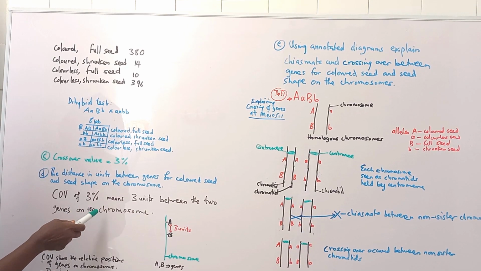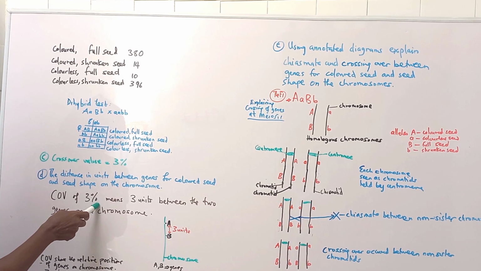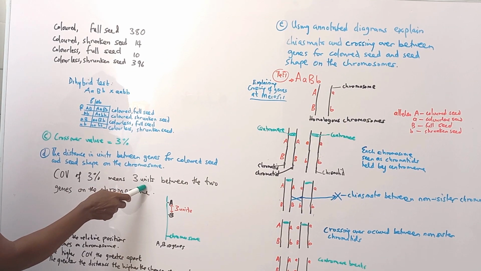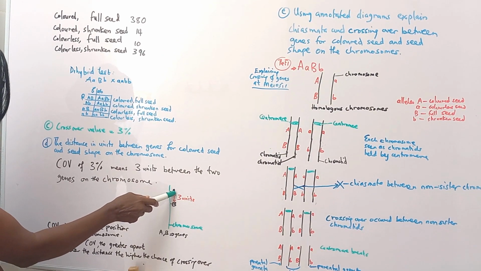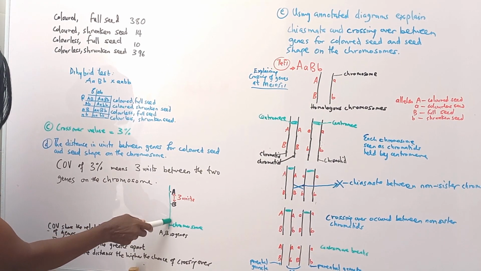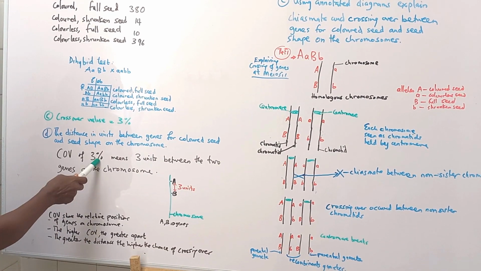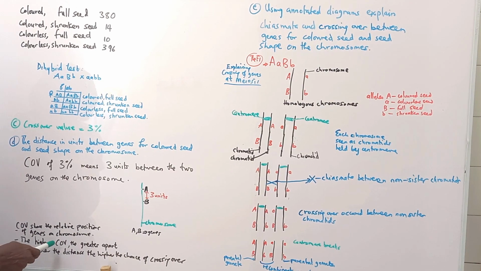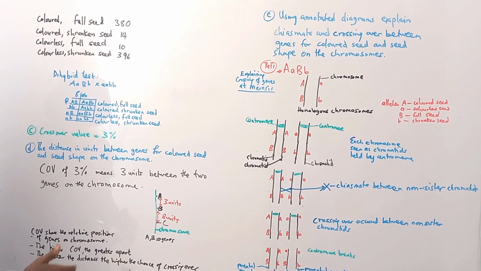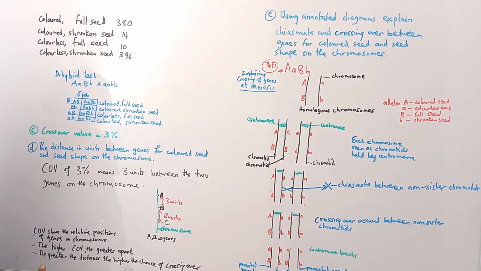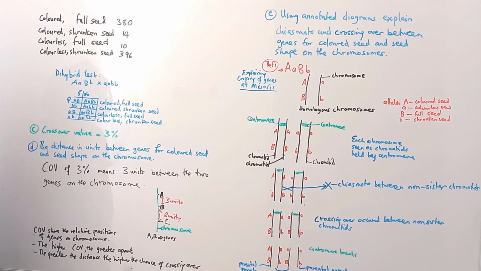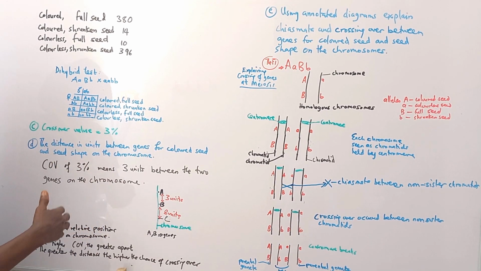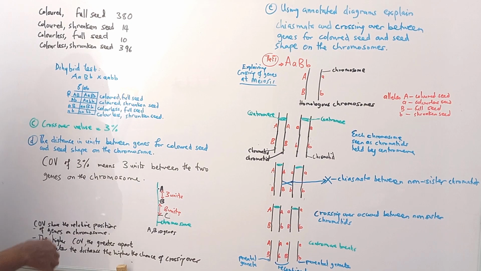The crossover value of 3% means there's 3 units distance between gene A and gene B on the chromosome. The crossover value is used as the relative positions of genes on the chromosome. So the crossover value and the distance between genes are always related.